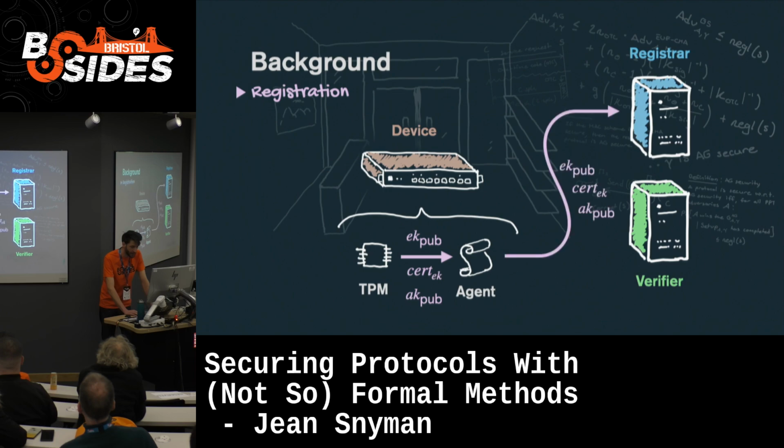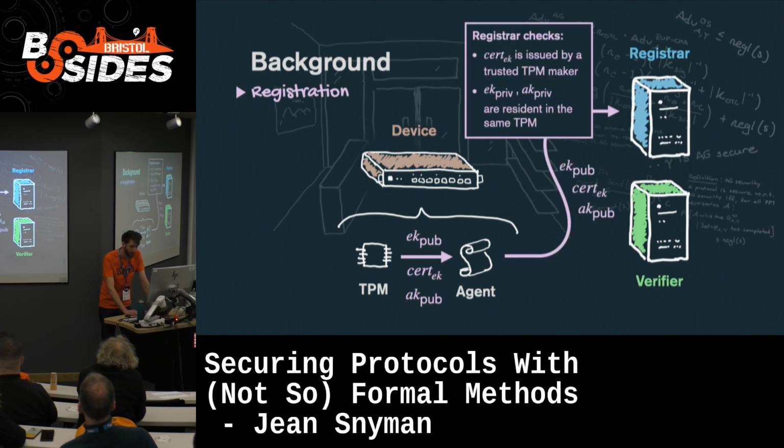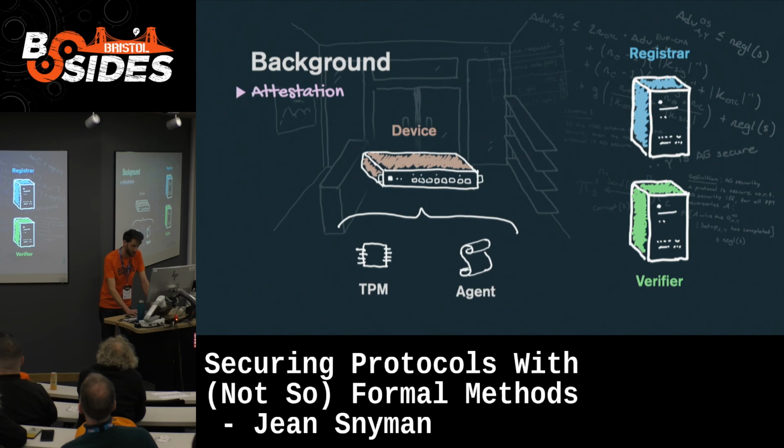The agent receives these keys and reports them to the registrar. When the registrar receives them, it checks to make sure that the certificate is issued by a trusted TPM manufacturer. It also checks to make sure that the EK and the AK it receives are both resident in the same TPM. And there's a specific mechanism defined in the TPM spec by which you do that. All right, so that's registration.